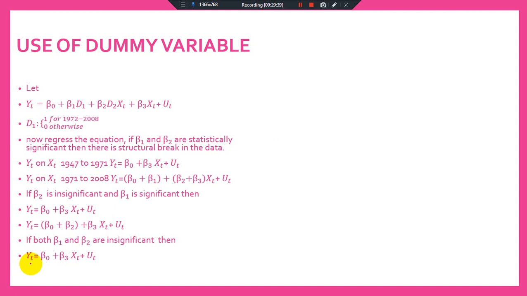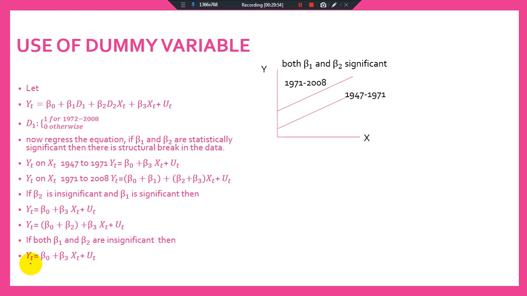So here we see the graphical representation of the four cases. If we have both beta 1 and beta 2 significant, then our regression lines become as shown. If only beta 1 is insignificant, then our regression equation becomes as shown.